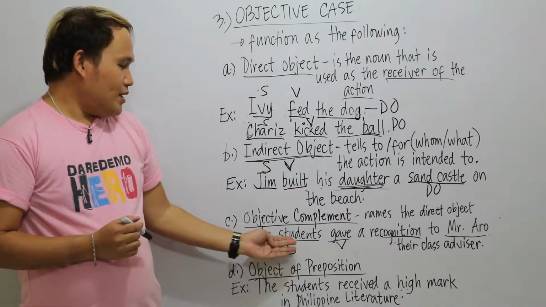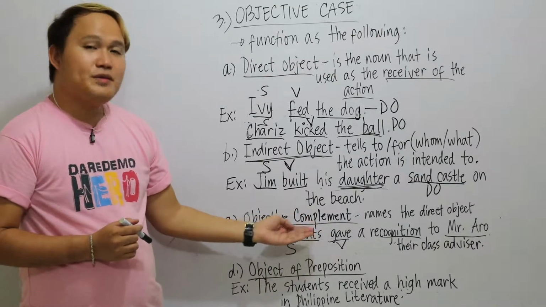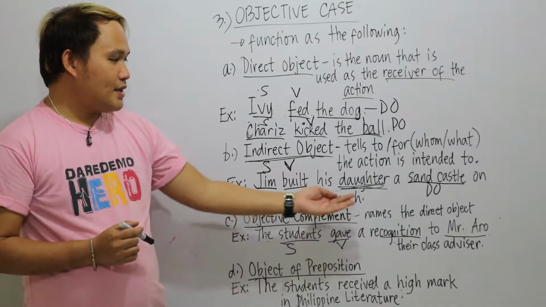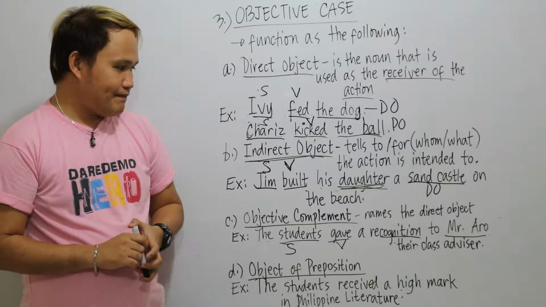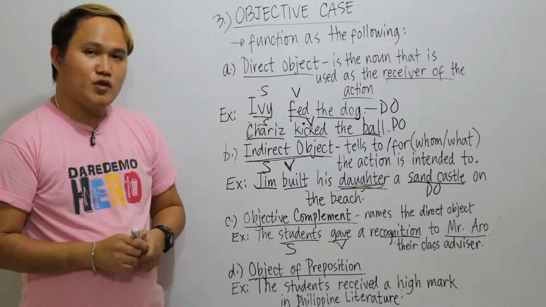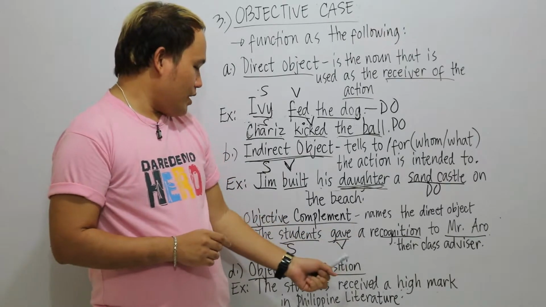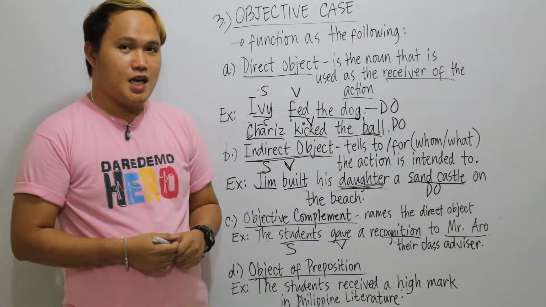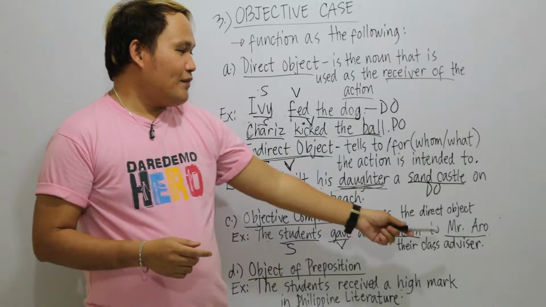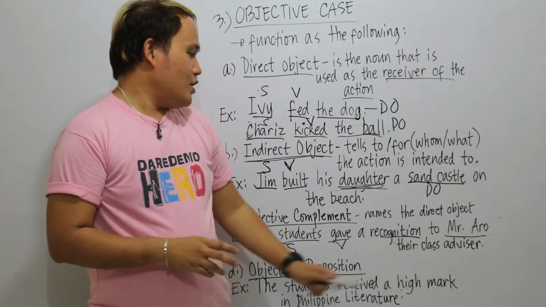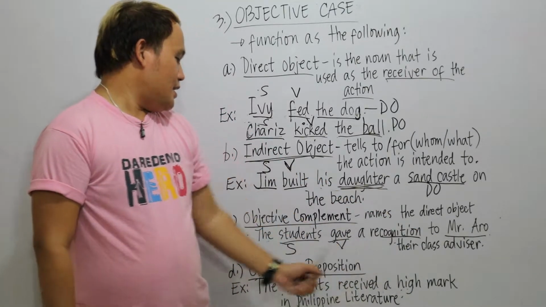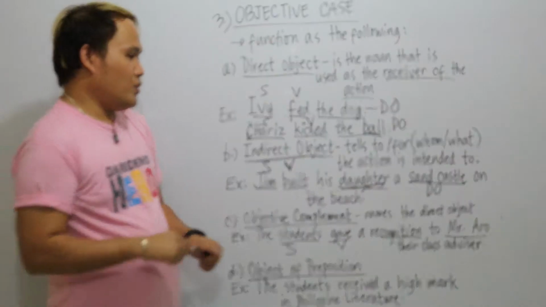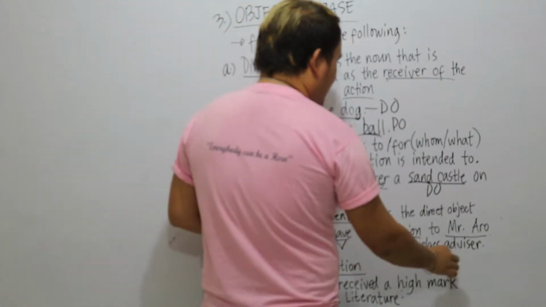Now the question is, what is our objective complement, the one that names the direct object? Do we have an objective complement for recognition here? None. However, for Mr. Arrow, we have an objective complement, which is the class advisor.